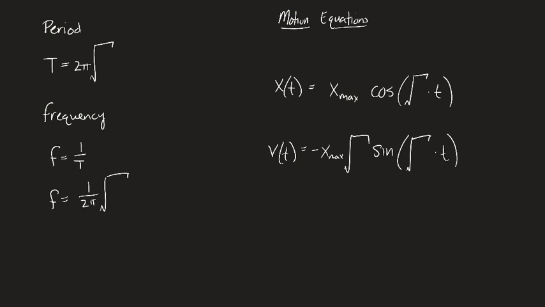We proved it yesterday by looking at conservation of energy. And then a as a function of time was negative x max times whatever was under that radical squared times the cosine of the radical times time.